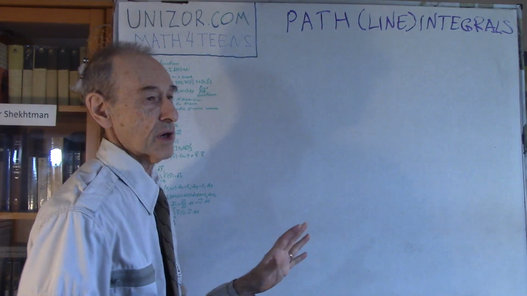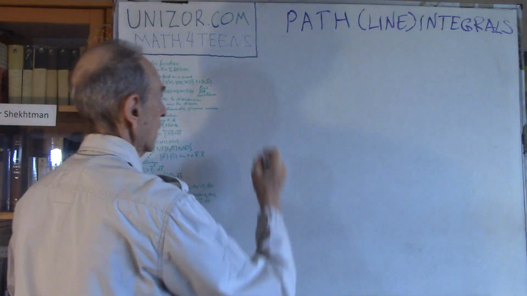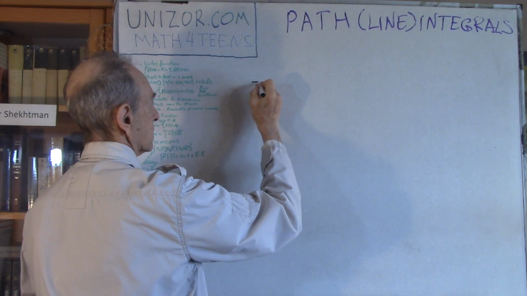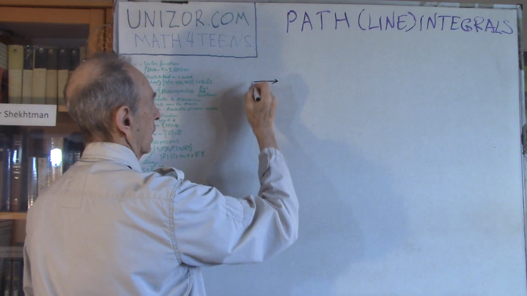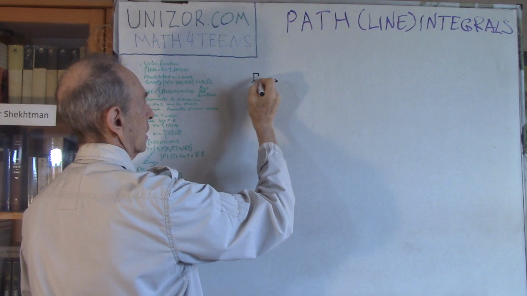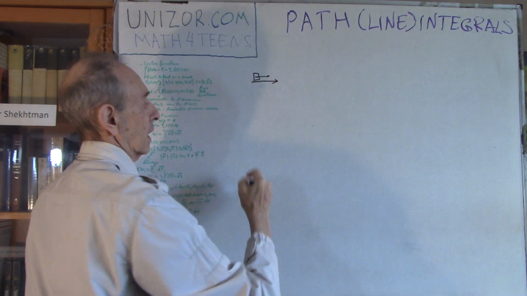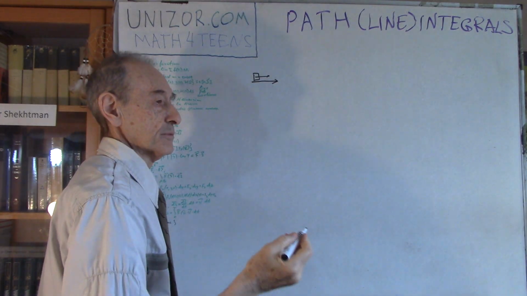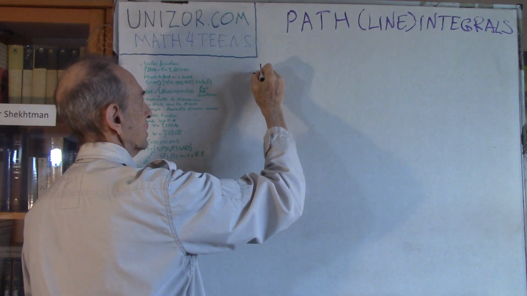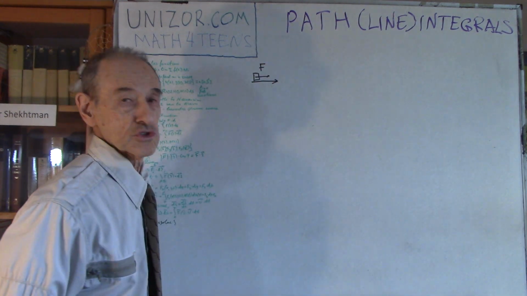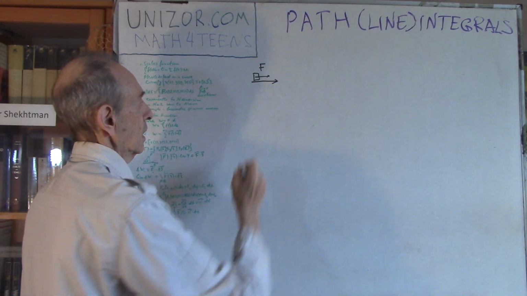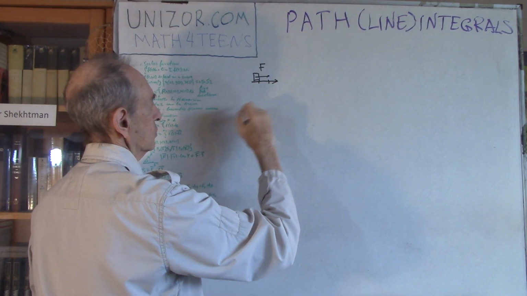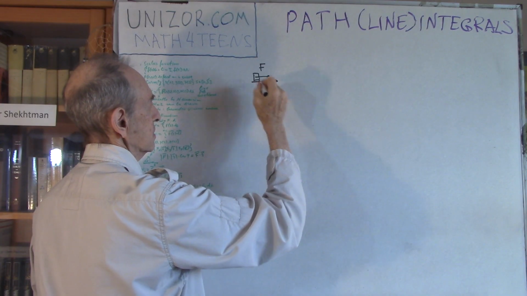Let me start from the very, very simple thing. If you have, let's say, a straight road, and you have some kind of an object, and it moves, and let's say there is a friction or something else, but you have a fixed force f which goes along this direction, and you cover the length, let's say d.